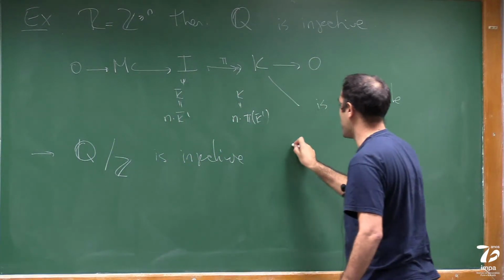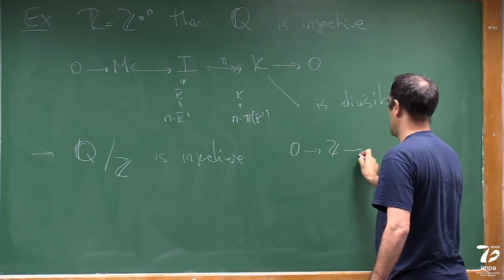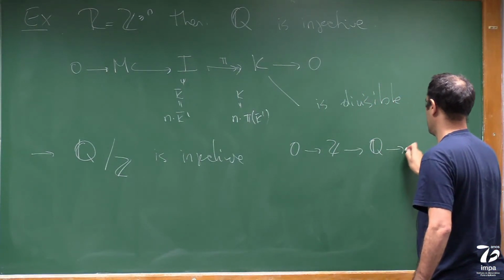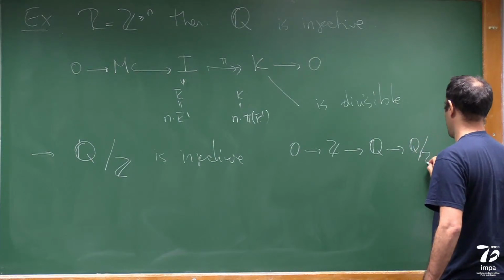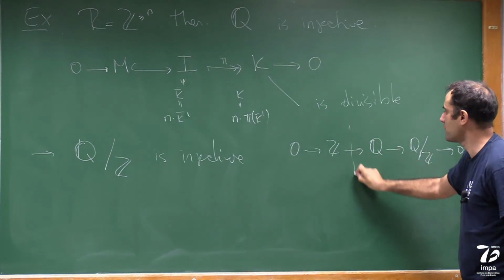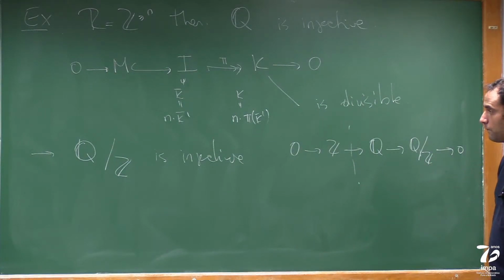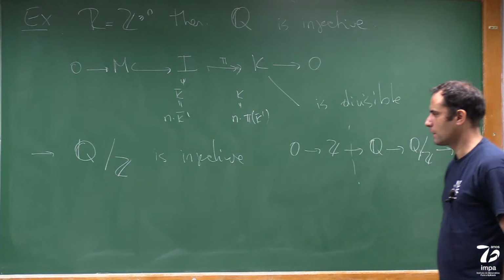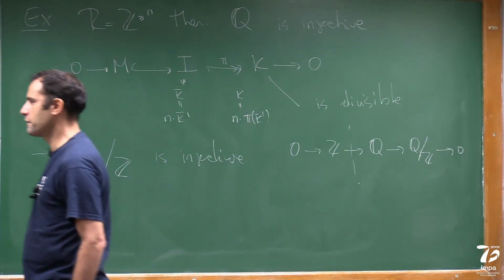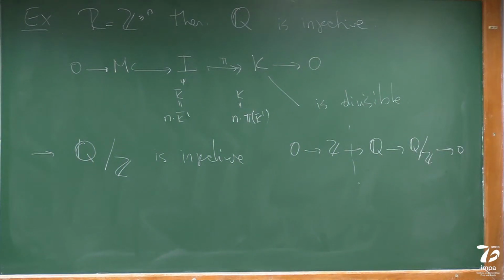And we have a resolution of Z, which is useful. So this is an injective resolution of the abelian group Z. What are other examples of injectives? So let's prove it here.